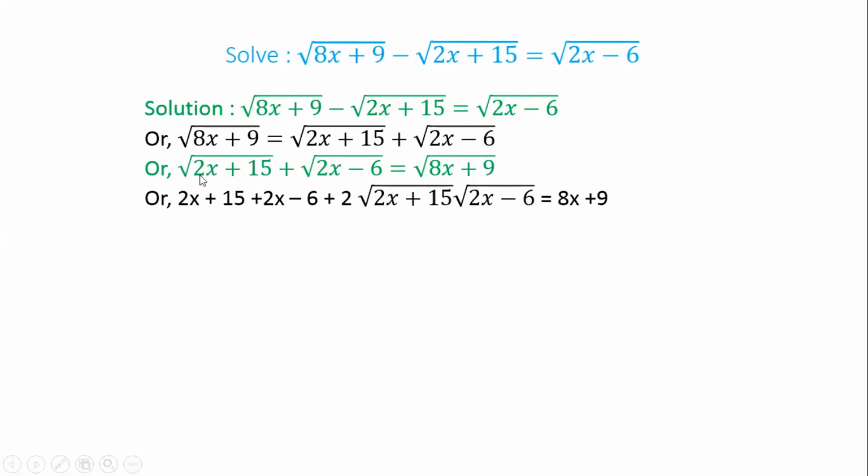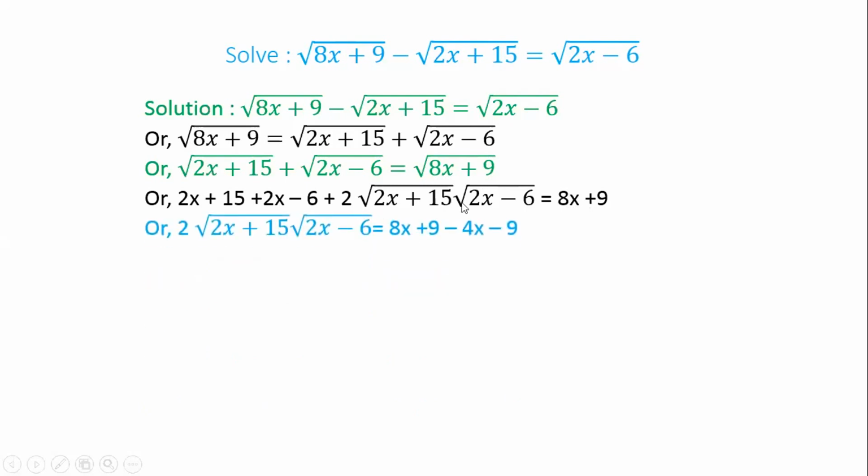Here root 2x plus 15 square means 2x plus 15, and root 2x minus 6 square means 2x minus 6. Here 2ab means 2 into root over 2x plus 15 root over 2x minus 6. If we take the square on root over 8x plus 9, then we get 8x plus 9.